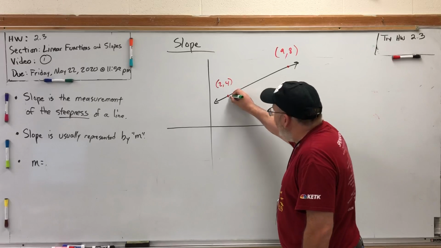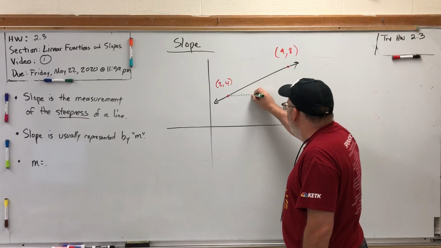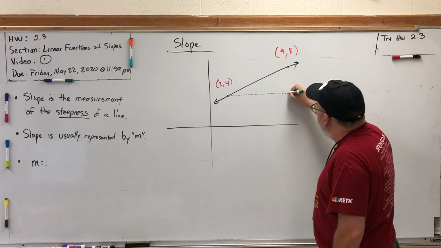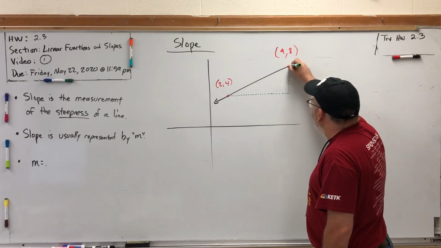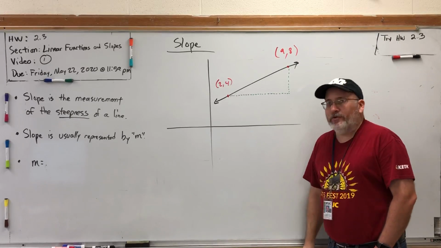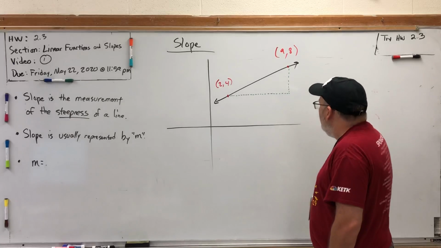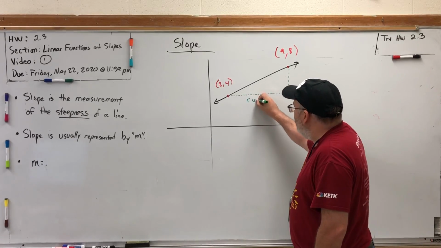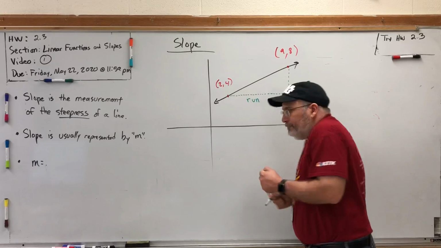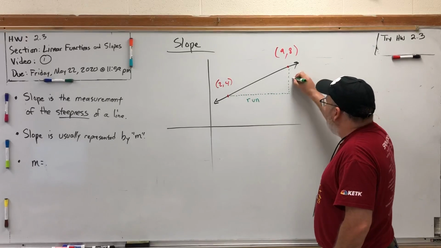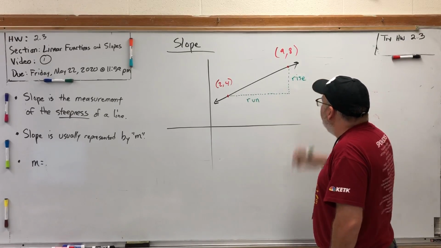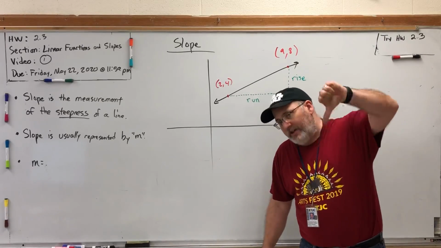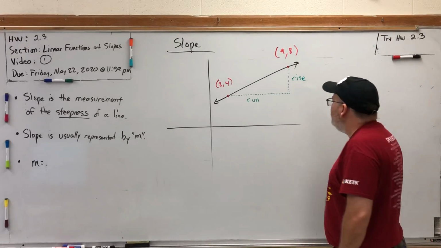One of them is how far you would travel horizontally from the first point to get to the second point, and the other measurement is how far you would travel vertically to complete your journey from the first point to the second point. The distance you travel horizontally is commonly called the run. It's like you're running in that direction. And the distance you travel vertically is commonly called the rise, which gives the suggestion that it's always elevating, but sometimes it might go down if the rise were negative.